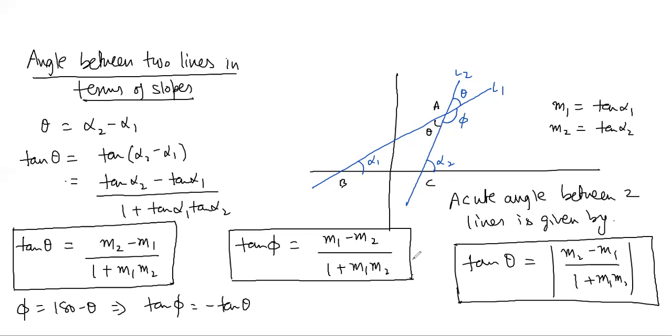So depending on the values of m1 and m2, in this particular case m2 will be more because alpha 2 is more than alpha 1. So in this particular case, theta will be acute and phi will be obtuse. But in the general case, if m1 and m2 are given as the slopes of two lines, then the acute angle between the two lines will be given by tan theta equal to mod of m2 minus m1 upon 1 plus m1 m2.